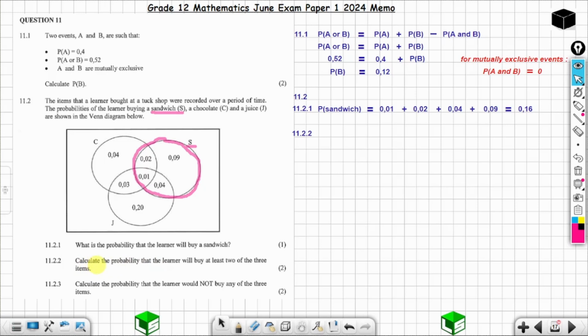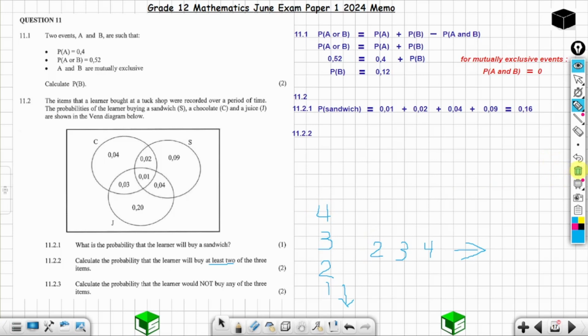Now, question 11.2.2. Calculate the probability that the learner will buy at least 2 of the 3 items, 2 marks. When they say at least 2, it means you start at 2 and then 3 and 4, going up. If they say at most, for example, at most 4, it means you start at 4, going down.